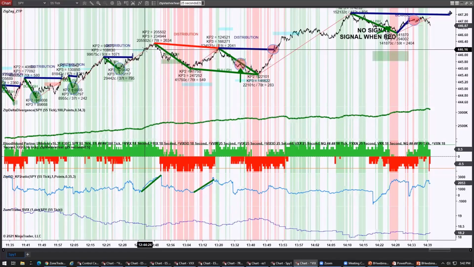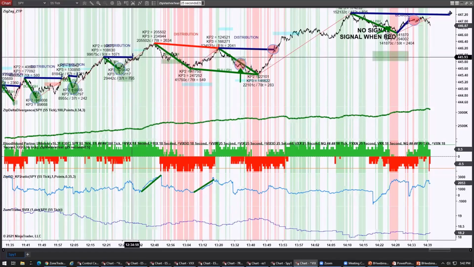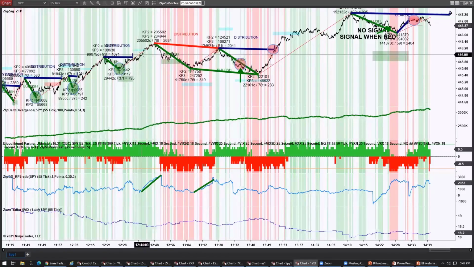So what is your rule for your exit? Did you exit at 4.5 points right here when you had distribution divergence? That's a question that you need to answer. Did you exit at 5 points because that was your target?